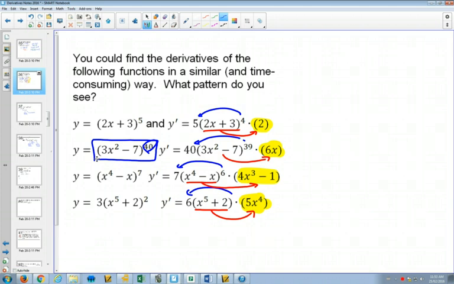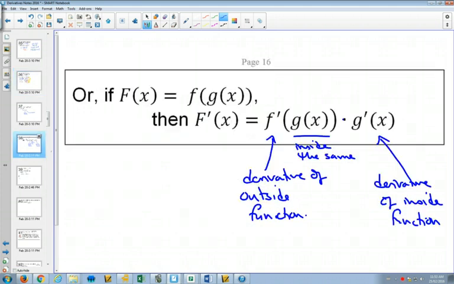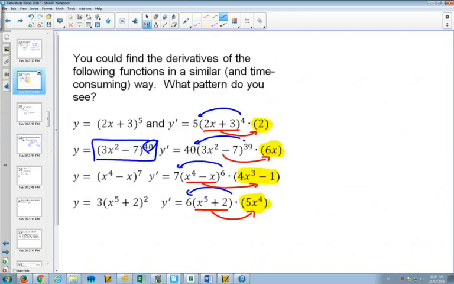So this right here is where I was saying that inside stays the same. Nothing happens to it. We just do the derivative of the outside part, which was bring the 40 out in front, subtract 1 from the exponent to make a 39, and the inside stayed the same. Then we multiply by the derivative of the inside function. So the inside function was 3x squared minus 7.